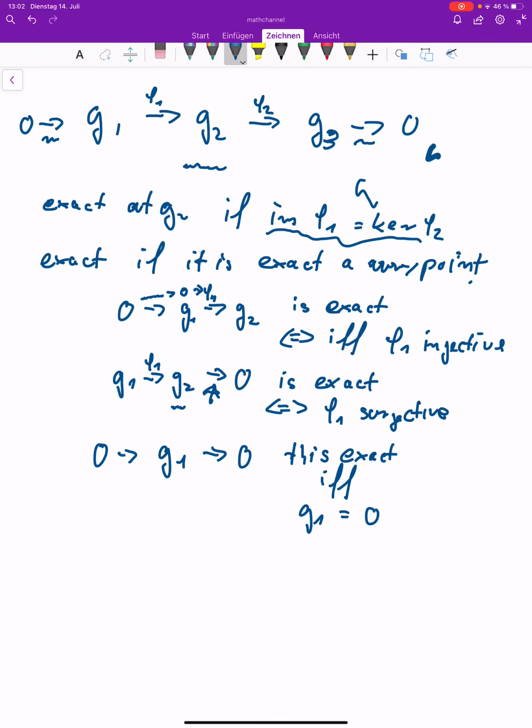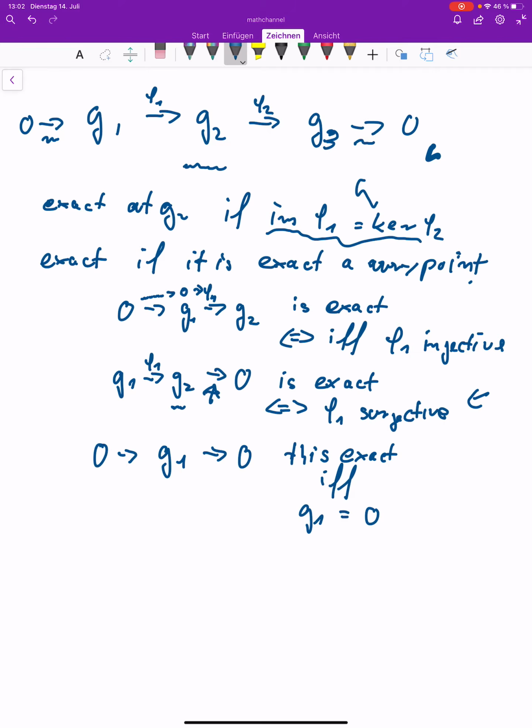Let's leave this as a very small exercise, just to get you in the habit of using these kinds of sequences. Just do the same analysis as we did here and conclude that this statement is correct.